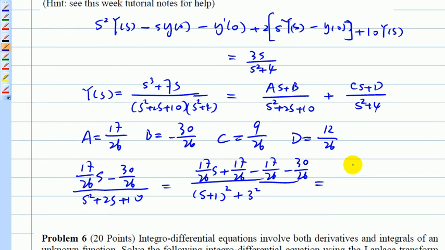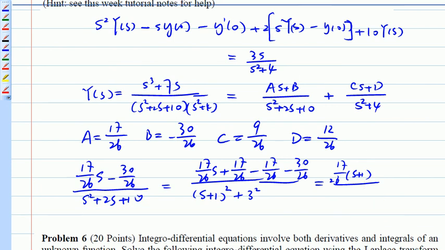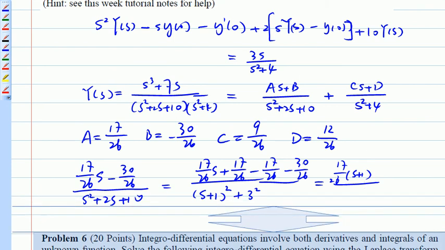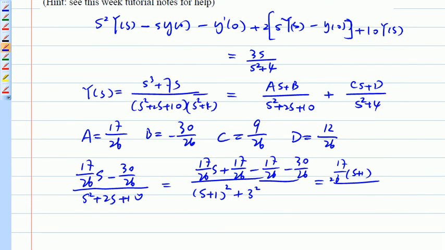So for this term here, 17 over 26 times (s plus 1), and the other term here, minus 17 over 26 minus 30 over 26, that's minus 47 over 26.